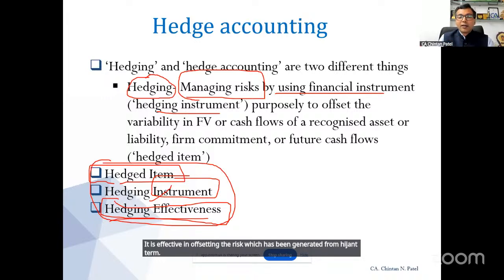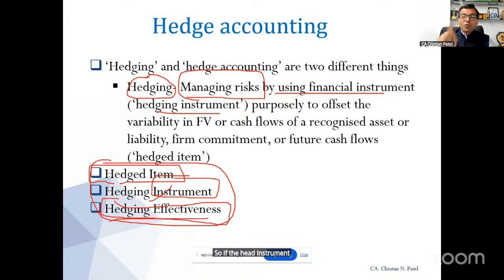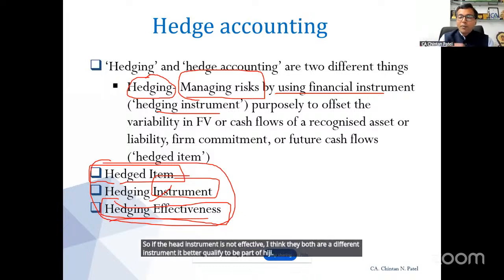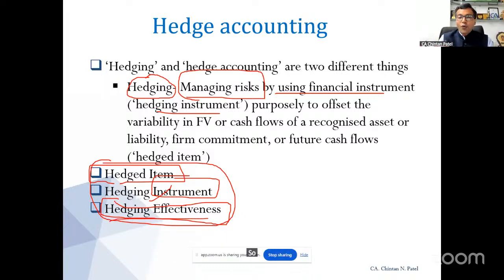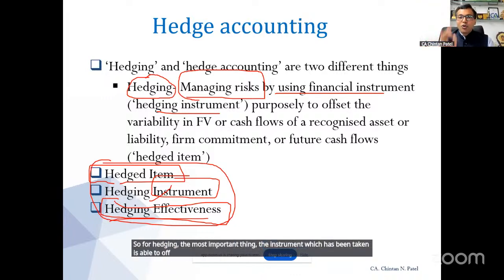If the hedging instrument is not effective, they are just different instruments and may not qualify to be part of hedging. So for hedging, the most important thing is that the instrument taken is able to offset the risk arising from the change in the value of the hedge item.